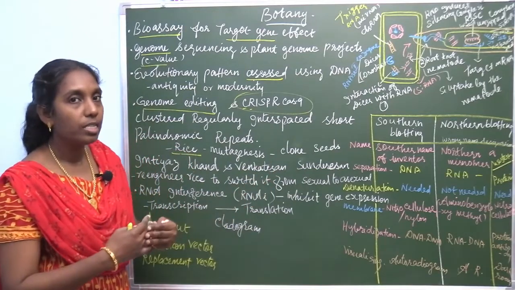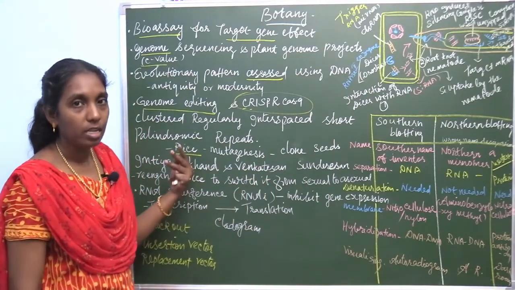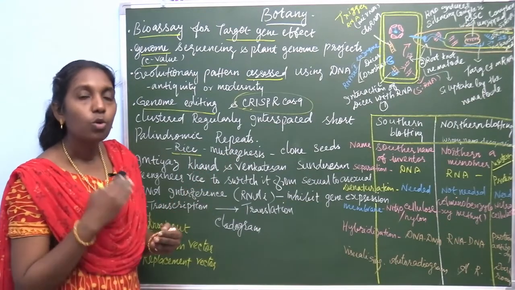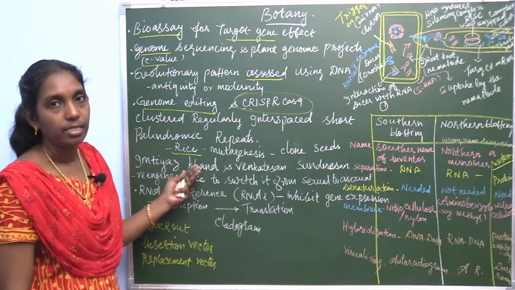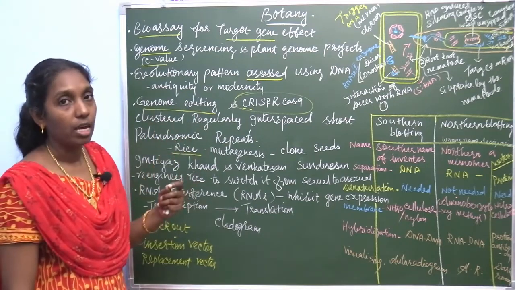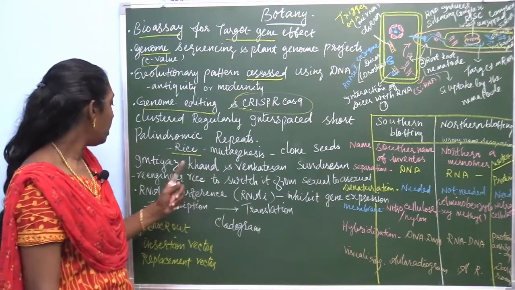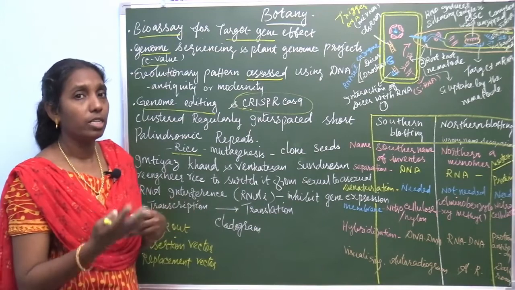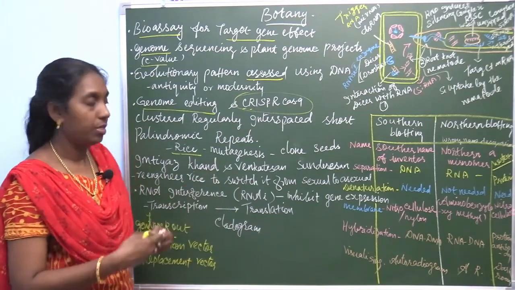They worked together and formed mutagenesis rice by cloning the seeds of rice. That is genome editing. If they ask for an example, you write rice. What is the use of this?